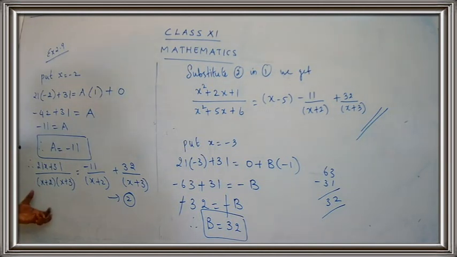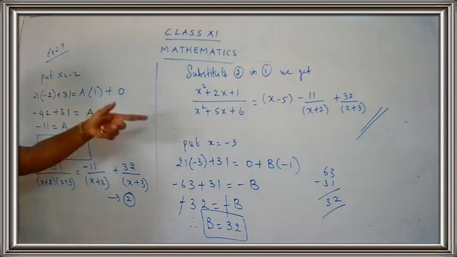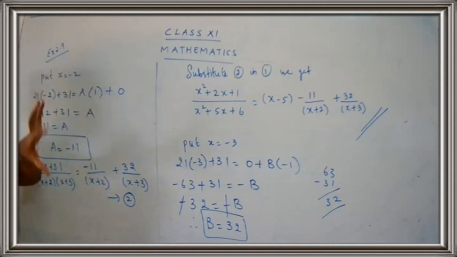And once we have factorized the denominator part, we have split it using the unknown part. When we have chosen the value for x, we got the value for the unknowns. And at the last, we have to substitute the value in the particular format. That is, we have taken one format, that is a quotient plus remainder upon divisor. So you have to substitute and you have to complete your answer.